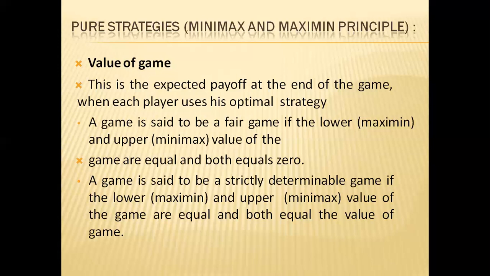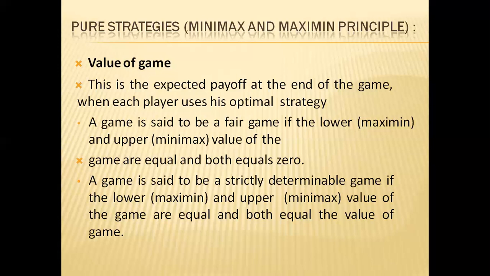The game is said to be strictly determinable when the maximin and minimax values of the game are equal, and the values relate correspondingly in both the actions, that is in the rows as well as in the columns. This creates an equal strategy and leads to a saddle point also.